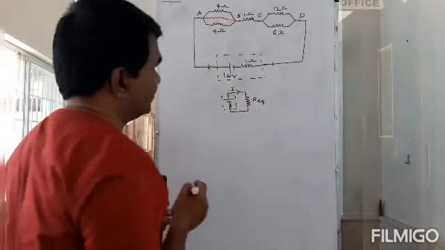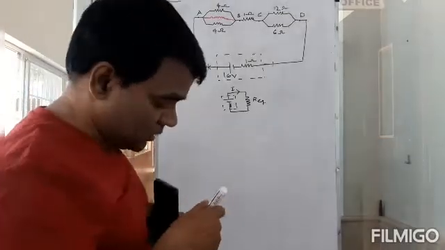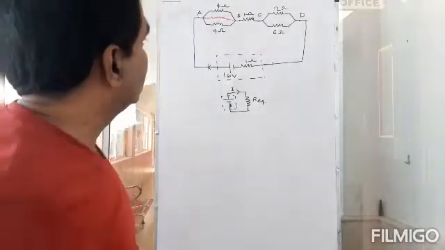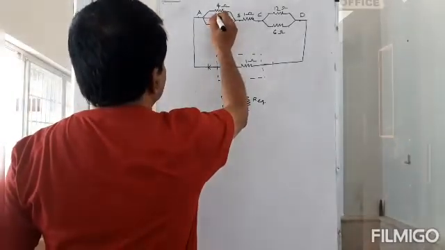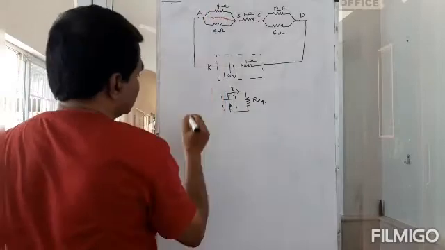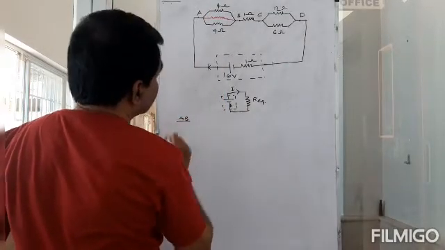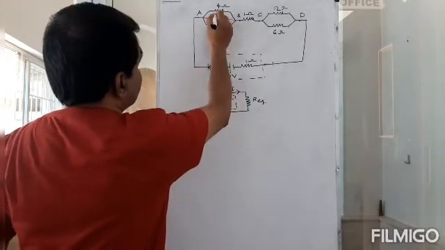So what would be the value of this? This is my R. For AB, I'll call this RAB.